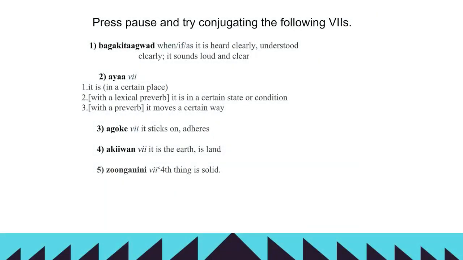Now, if you want to, you can press pause and try conjugating the following VIIs. Bagakitagwud, aya, agoke, akiwan, zunganene.